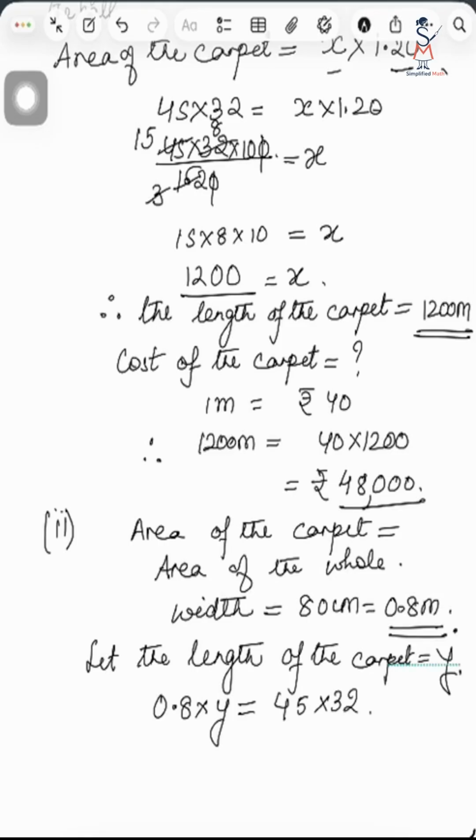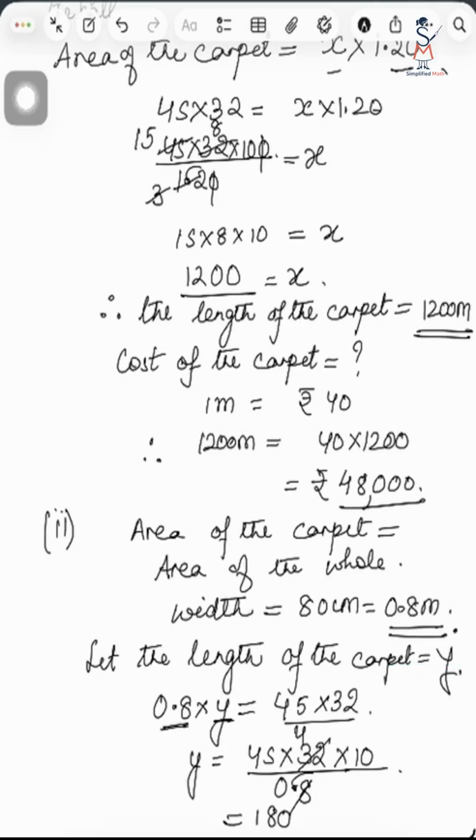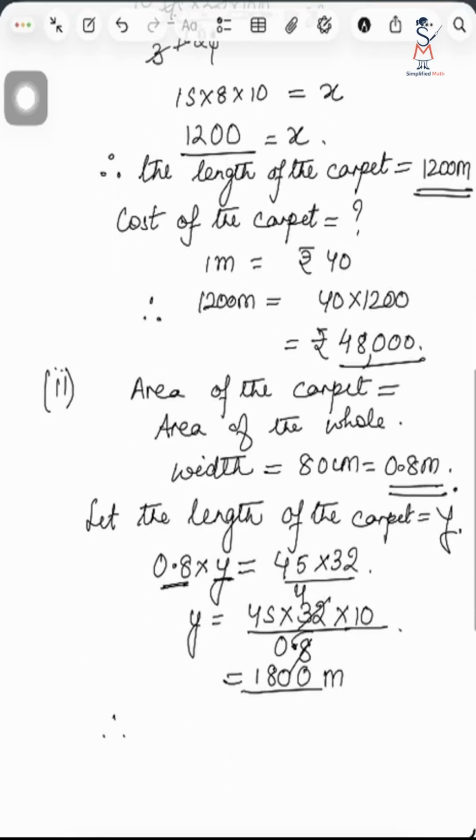So y is the length of the carpet, 0.8 is the width, and this is the area of the room. So we will calculate y. The length required to cover the whole room will be how much? This decimal goes out and 10 comes on the top. 8 4s are 32. 5 4s are 20. 1800 meter.